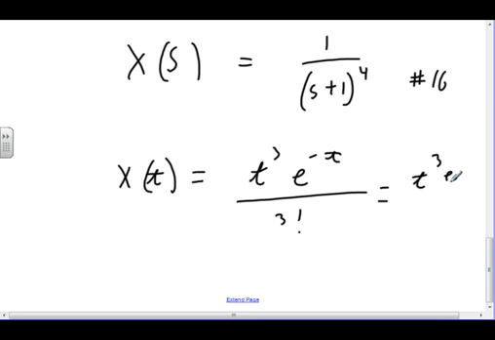T cubed e to the minus t divided by 6. All right, am I right?